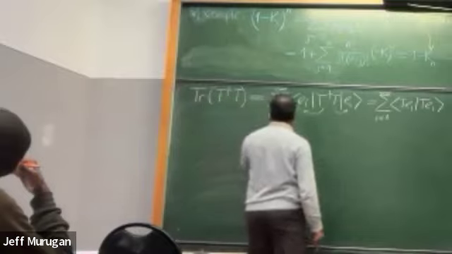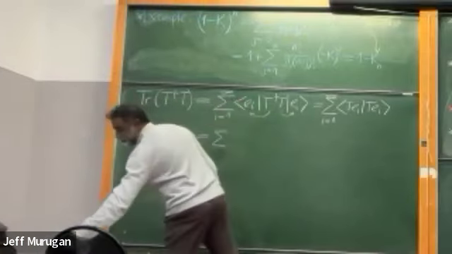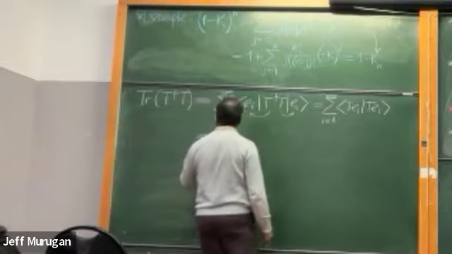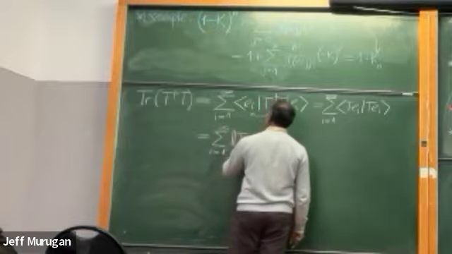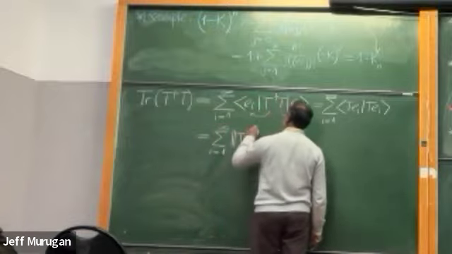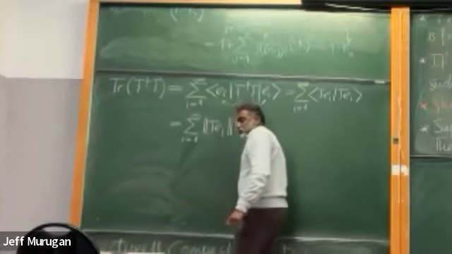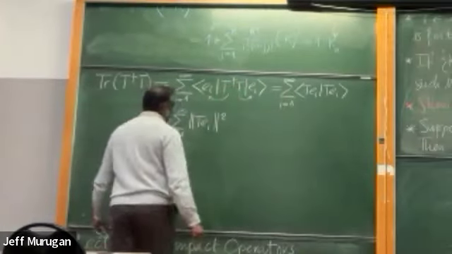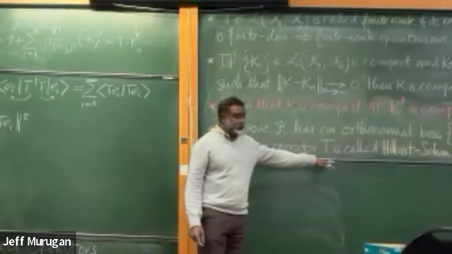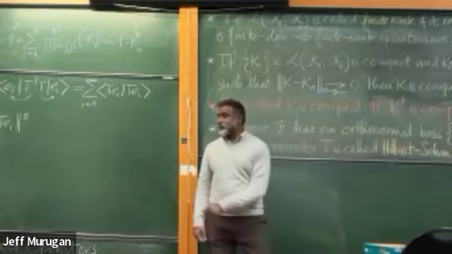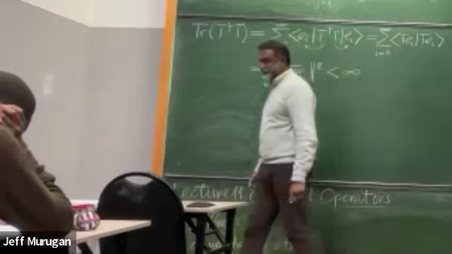And this is just the sum from i equals 1 to infinity of the norm of the state T e_i squared. Again, I'm using this to define what a Hilbert-Schmidt operator is. This operator T is called Hilbert-Schmidt if this number that I get is finite.